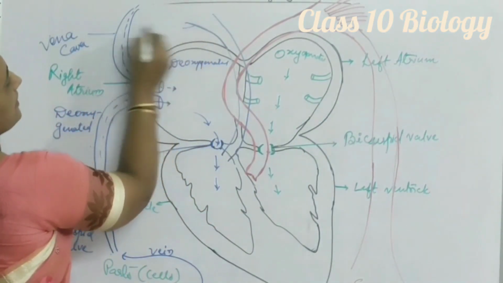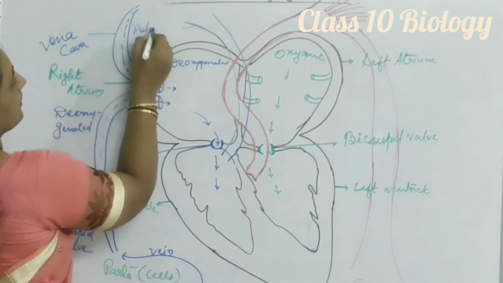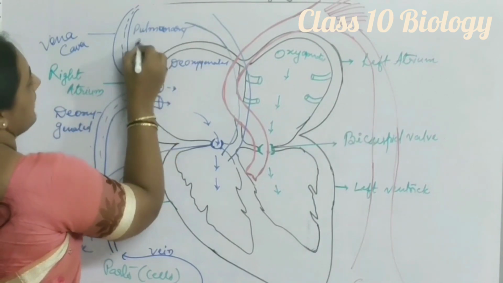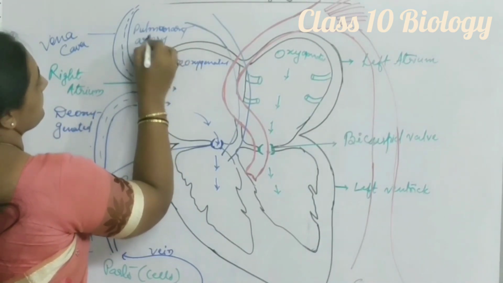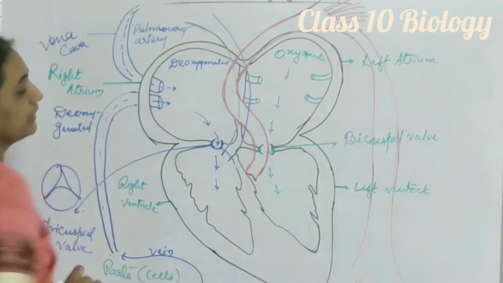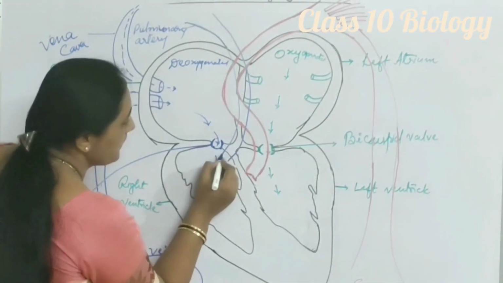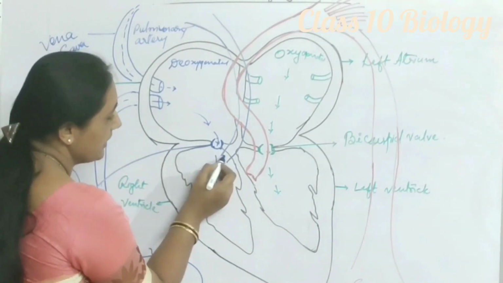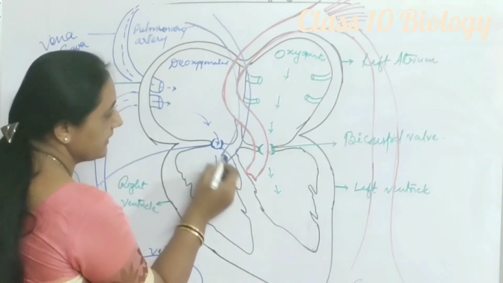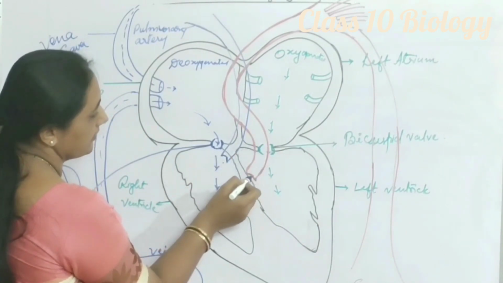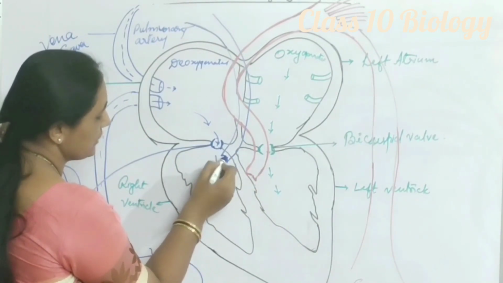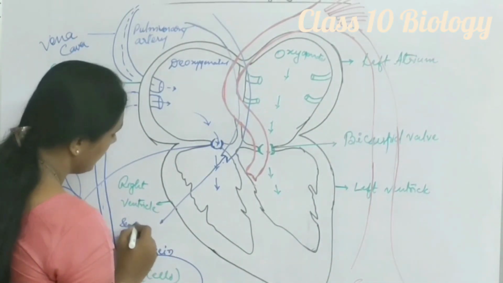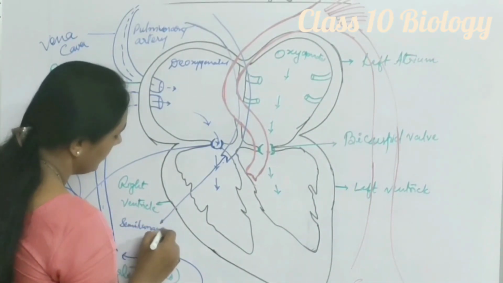Between the pulmonary artery and the right ventricle also a valve is present, and that is the same valve as here. This valve is called the semilunar valve.